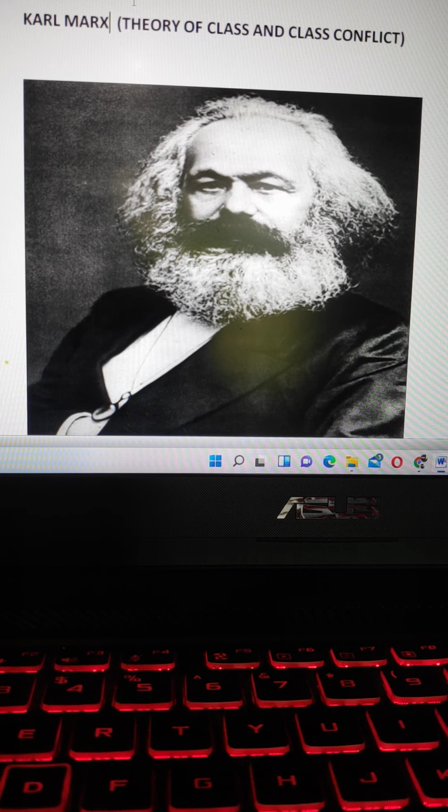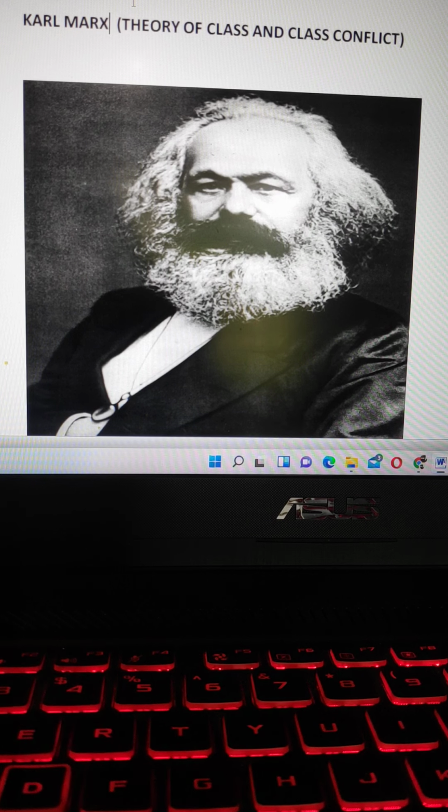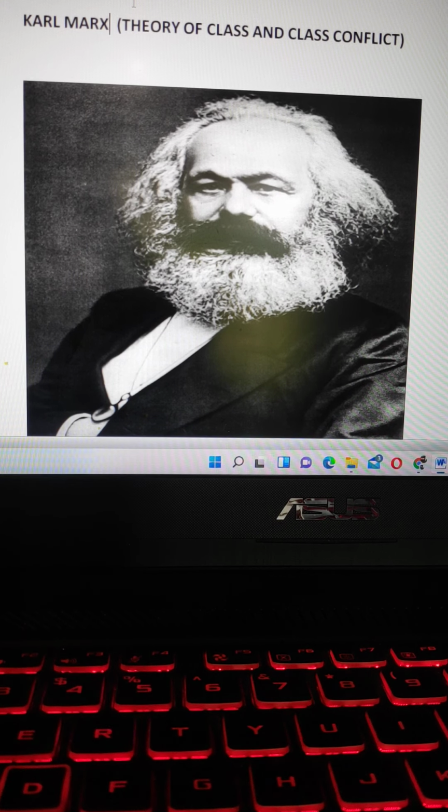Society has been divided into classes because of its absolute dependence on the division of labor, which precipitated dominance among the ruling class and subordination among the subjected class.